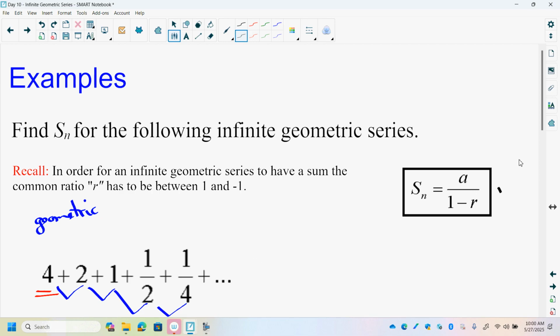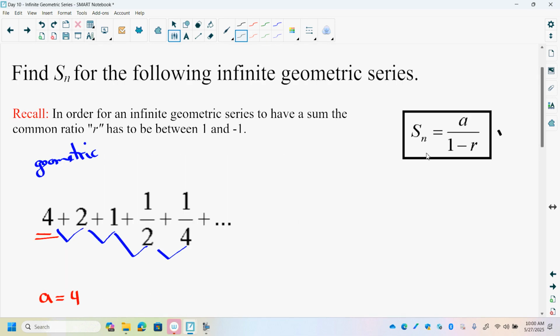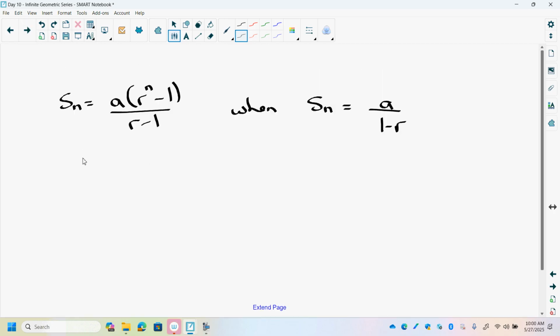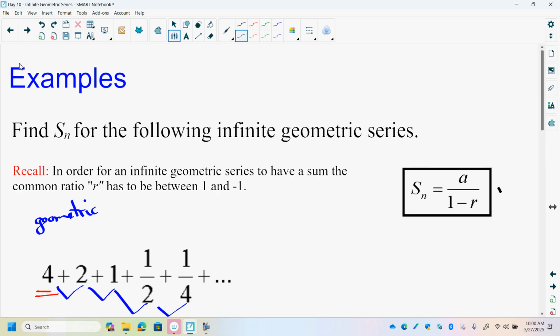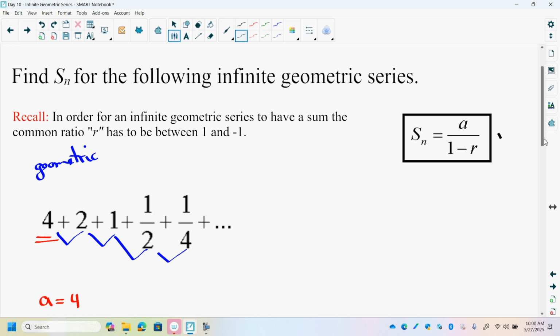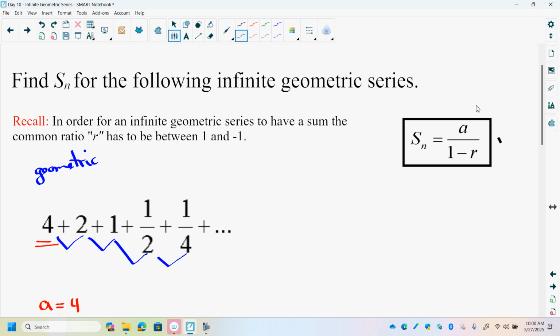If I said to you to find S10, okay, I would use this formula right here. I'd fill a 10 in for N, a 4 in for A, a half in for R, and that would become a 10. So how do I know that this is infinite? It says find Sn for the following infinite geometric series. So it's saying find Sn.